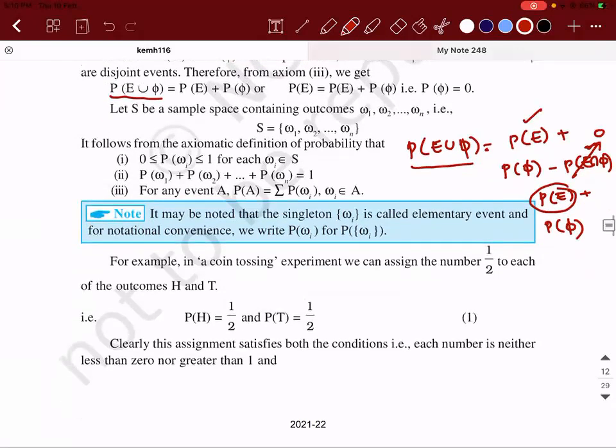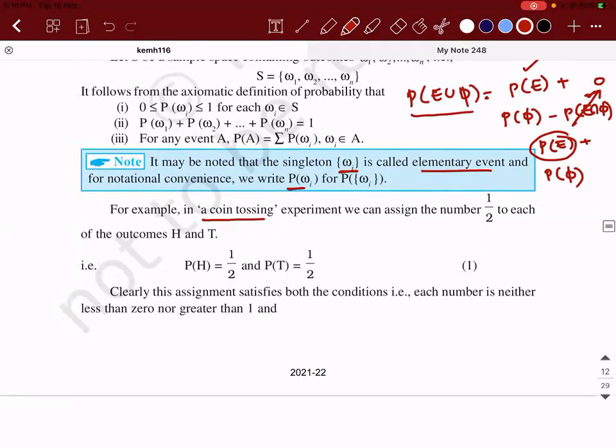Okay. So with all this knowledge, we will try to solve certain problems. A singleton, meaning just one element, is called an elementary event. Listen. It follows from the axiomatic definition of probability that if you take a single event, probability of omega i, one of the events from the sample space, then the probability of that event is greater than or equal to 0 and less than or equal to 1.